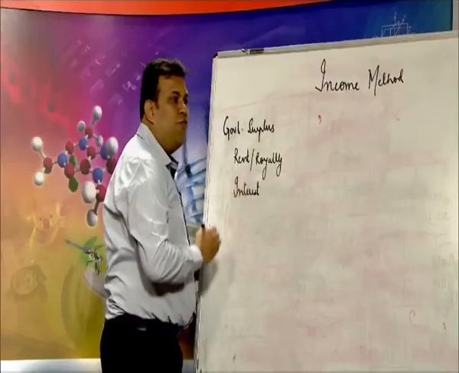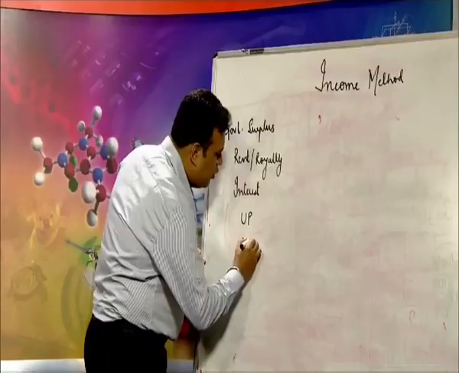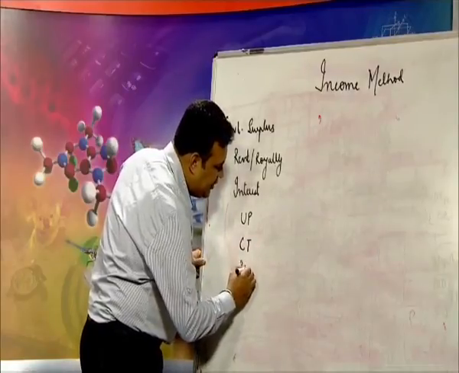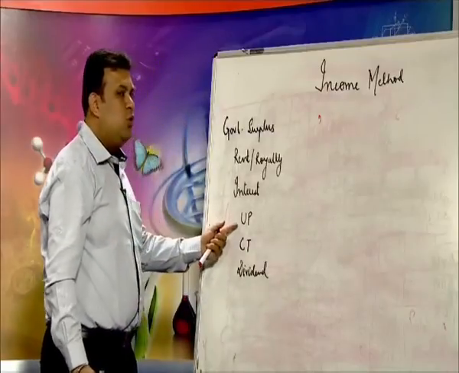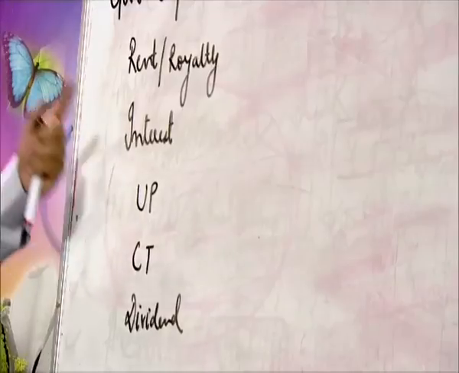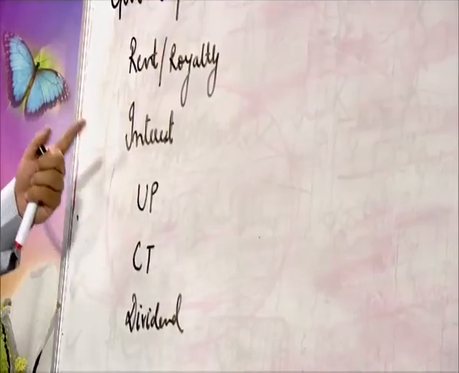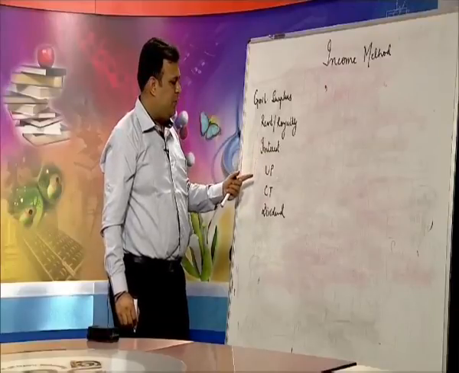Then we have profit. Now, here we talk about profit is divided into UP, CT and dividend. Again, recall the beginning lesson introduction. UP is undistributed profit. It is also known as savings of private corporate. It is also known as reserves. It is also known as flowing back of profit.